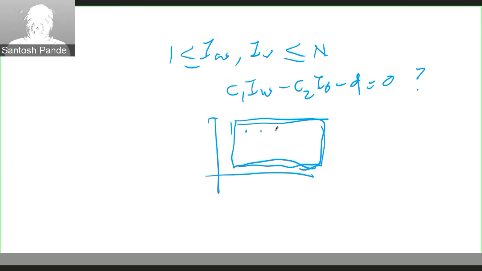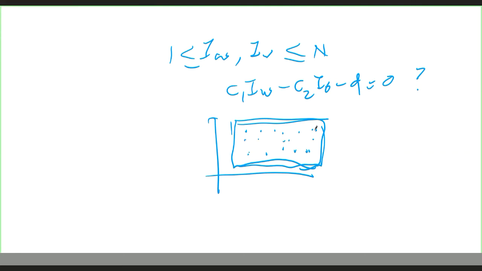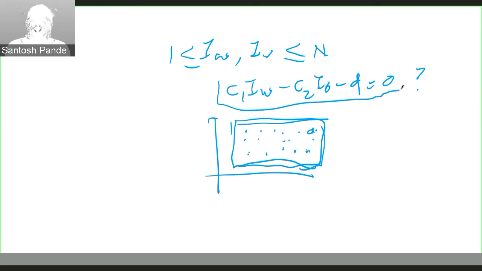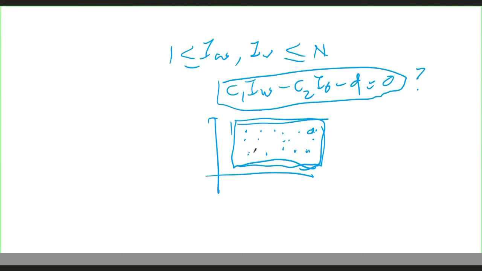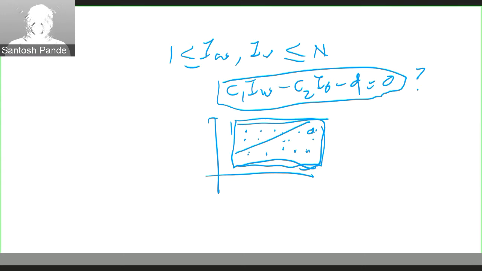And there are all these integral points which I'm showing as dots in the space. Now, if you really carefully look at this one, this is determining a line which has certain slope and so on. So I'm just going to draw this line like that.